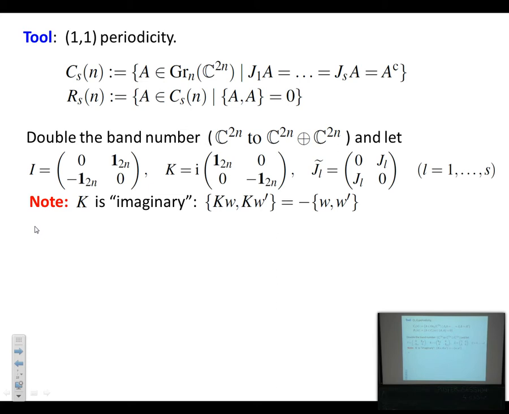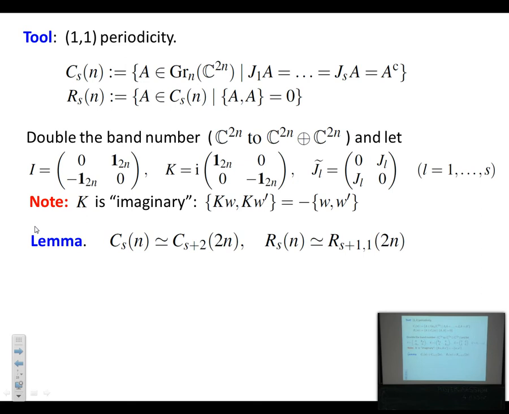Anyway, in this setting, there's a well-known result that things remain unchanged. So we doubled the number of bands. We increased by 2 generators. It's important that one of them, the I, is a real generator, and the K is an imaginary generator.